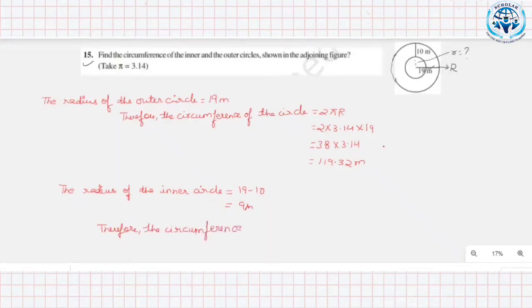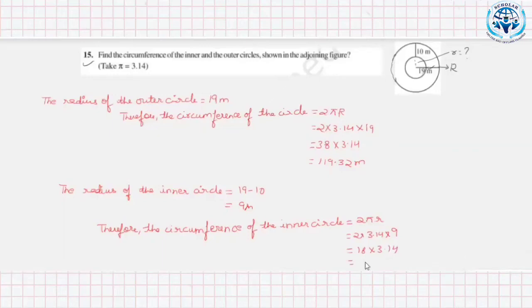Therefore, the circumference is 2 pi r, 2 into 3.14 into 9, which is 56.52 meter.